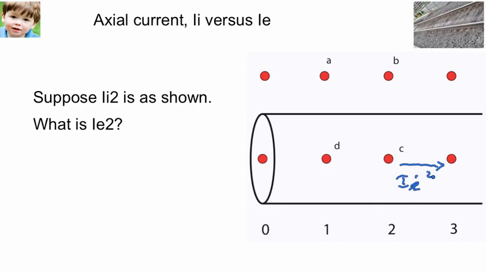You notice that in the way I'm doing this notation, this is point 2, location 2, and I'm thinking of the currents as being in segments to the right of the location. So here's the x-axis, IE2. I2 is just to the right.